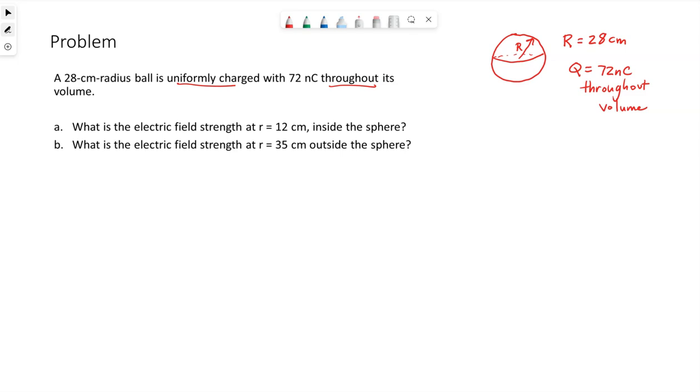The easiest way to go about this is to use Gauss's law. If we think about the electric field, because of this symmetry of a beautiful sphere, electric field should be pointing outwards. There will be an electric field inside as well as continuing outside. The reason it has both inside and outside is because of the charge being spread throughout the volume.